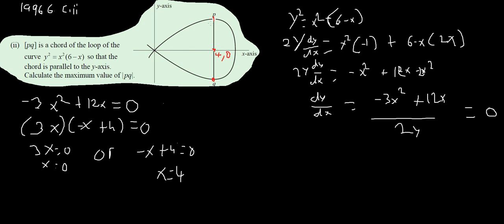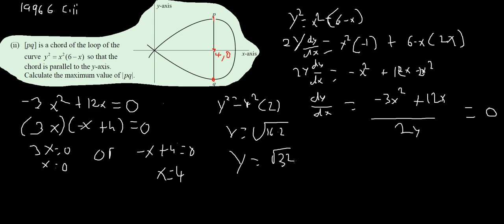Now we can find the y by substituting back into the original. So we get y squared is equal to 4 squared times 6 minus 4, which is 2. So y is equal to the square root of 4 squared, which is 16, times 2, so y is equal to square root 32.